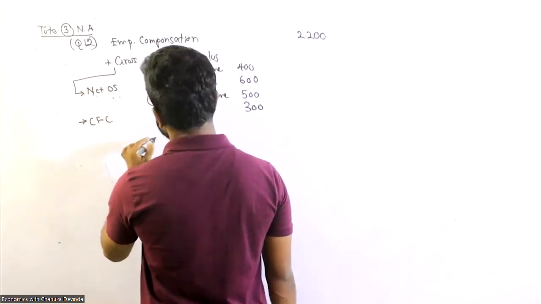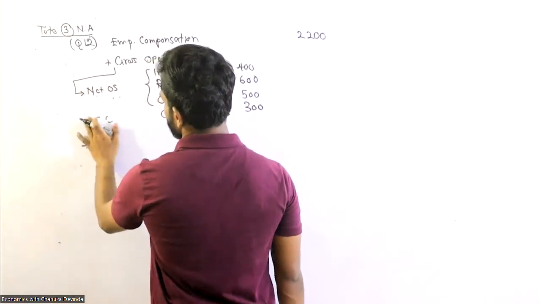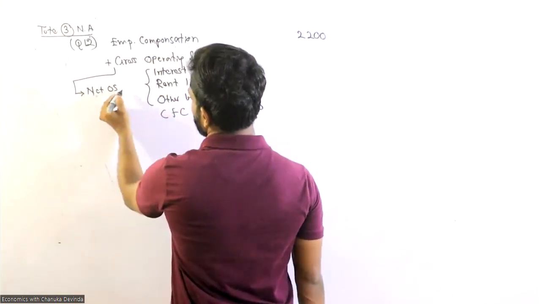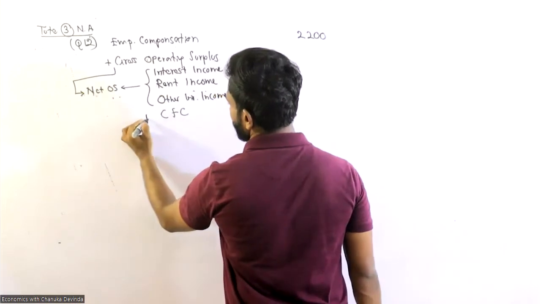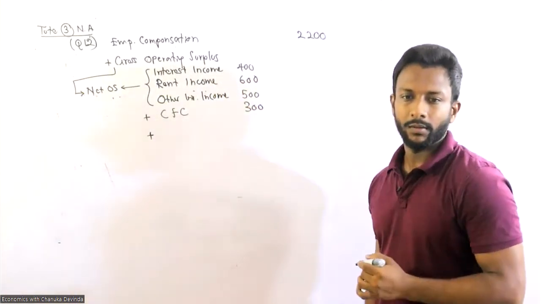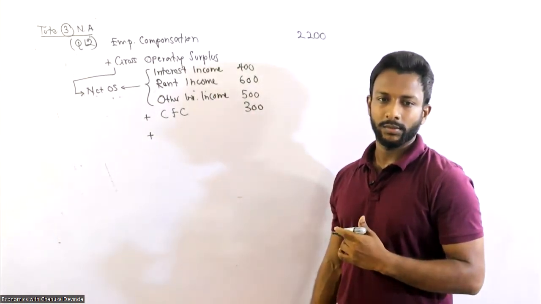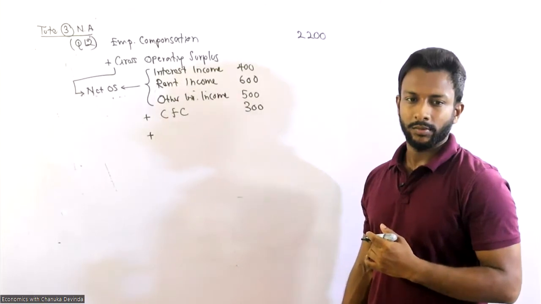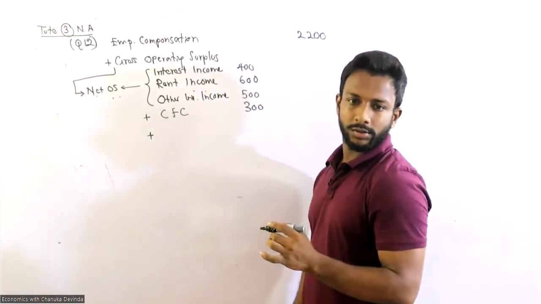And the last part, mixed income. So those three parts. So we take net operating surplus plus CFC plus mixed income separately. Mixed income was, yes, how much? 200.